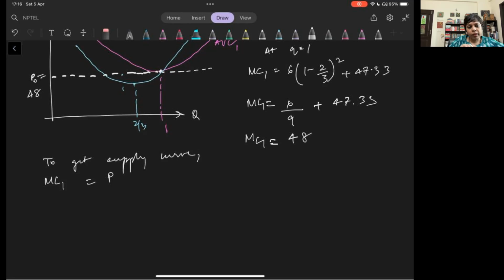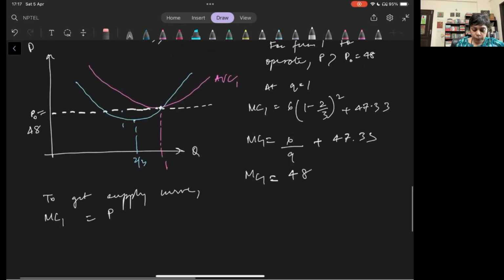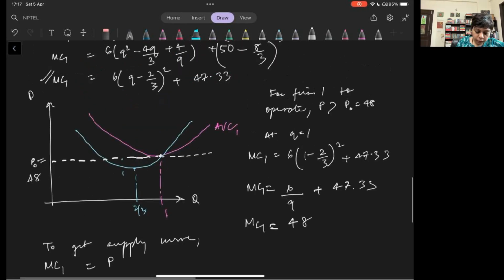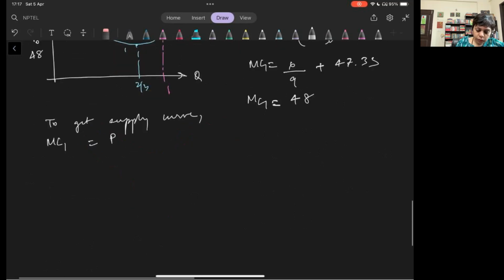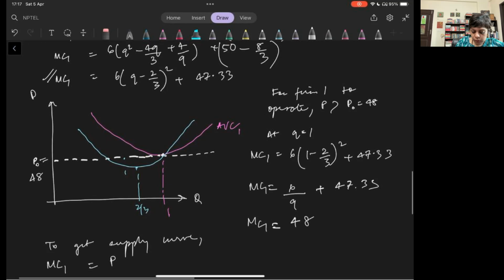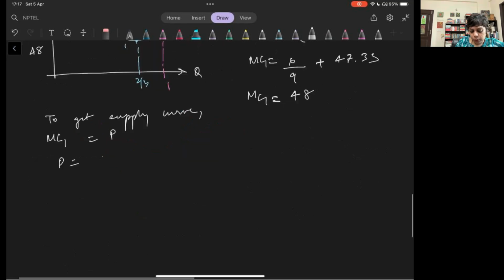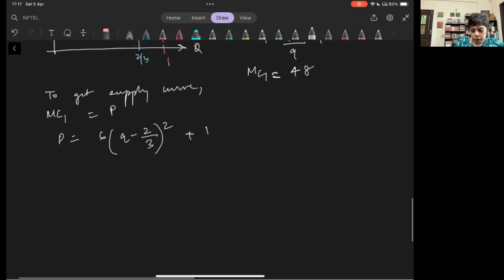Now this is pretty simple. If marginal cost equals P, we just plug this value in and write P is equal to 6 times (Q minus 2 by 3) whole square plus 47.33.